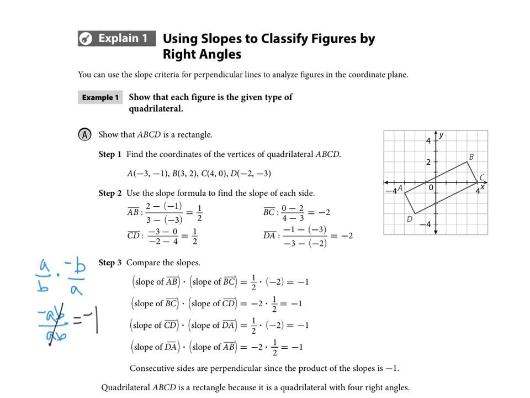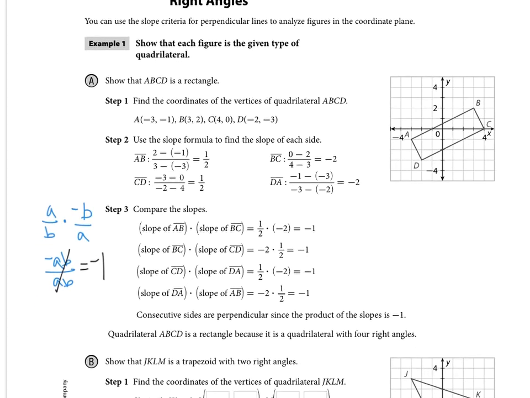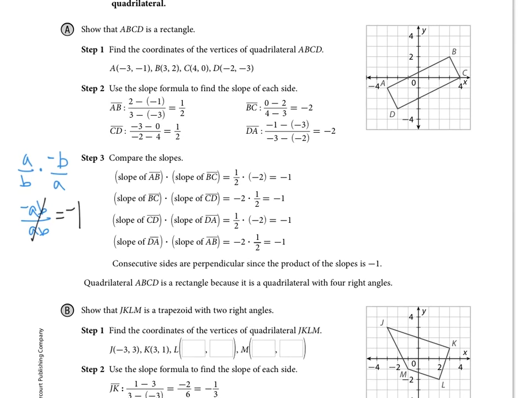Then BC times CD, does that product equal -1? Yes, it does. Slope of CD times DA and DA times AB in the same way. You can see that. You want to make sure you write all those different 4 comparisons out though. And then finally, we can conclude here that quadrilateral ABCD is a rectangle because it's a quadrilateral with now 4 right angles.